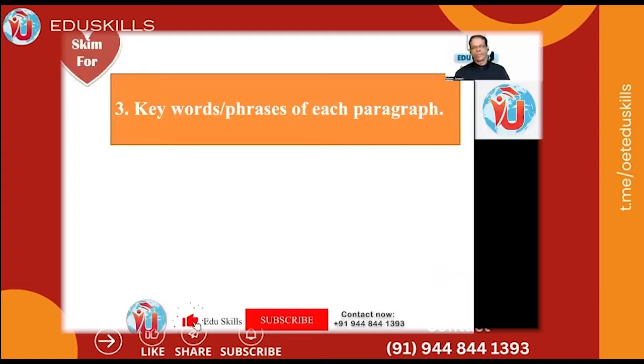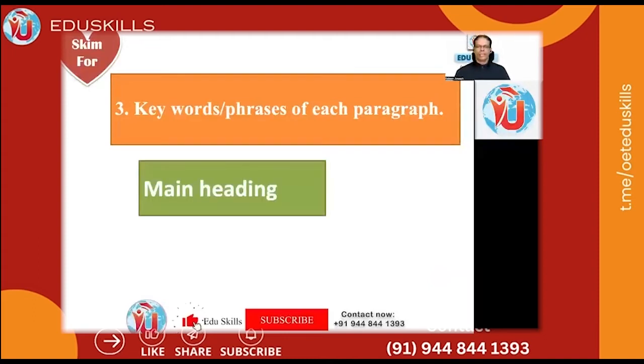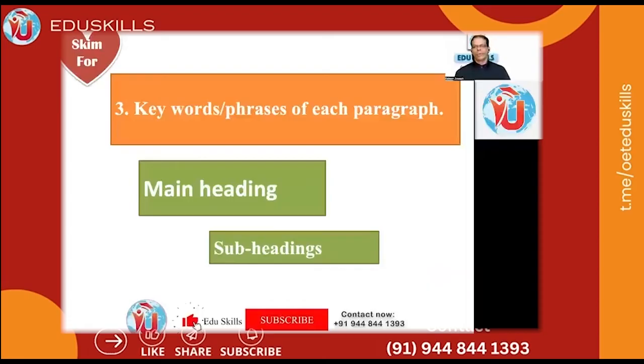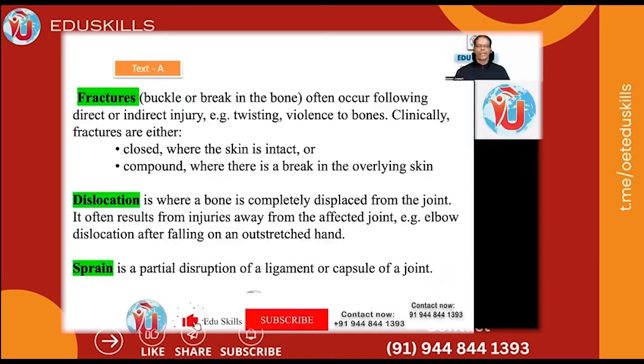So third one is skimming for keywords and phrases of each paragraph. That is to say, main heading and subheadings. For each paragraph or text, you have to look at the main heading and subheadings. At times there will not be main headings. So what are the keywords here?